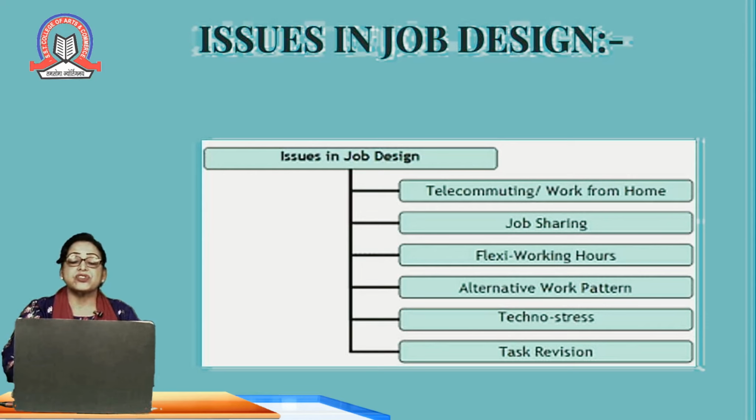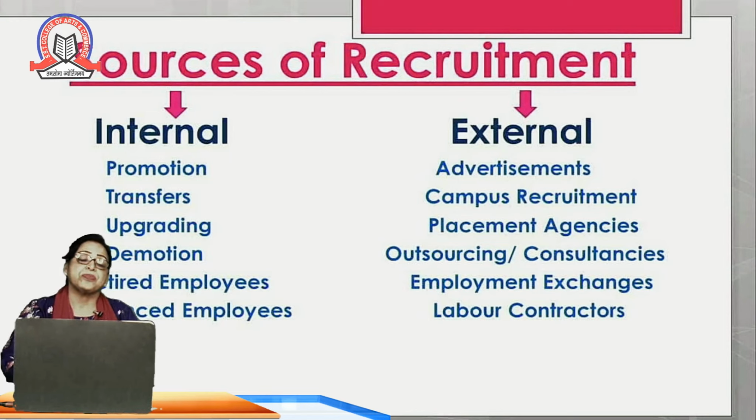Technology stress, there may be stress related to technology because old or very senior people of an organization may not be well versed or familiar with the technological developments. Next is task revision. When the task is to be revised, it may be a problem and job design needs changes.